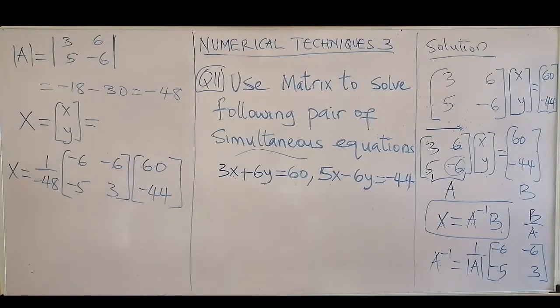So let's now do the multiplication. So this will become minus 1 over 48 into brackets.